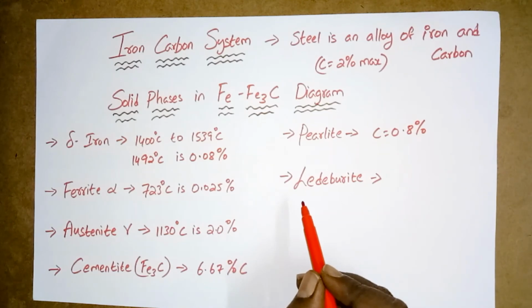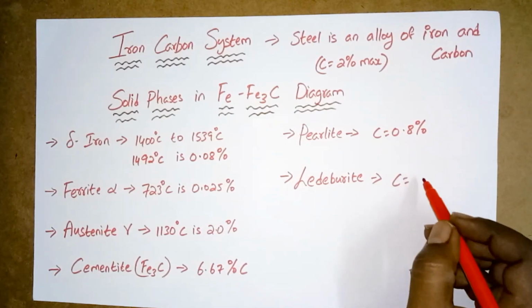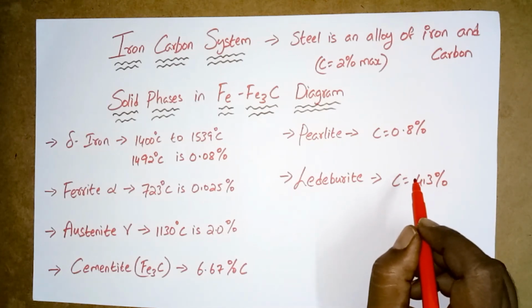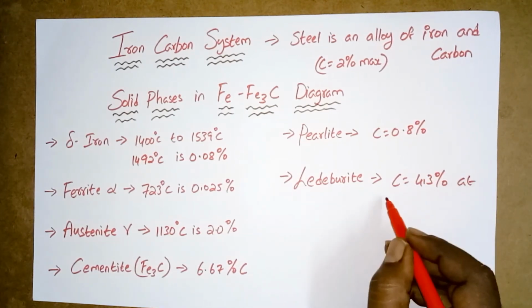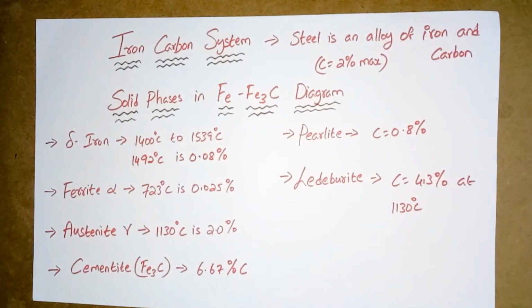It is obtained by slow cooling of liquid alloy. The carbon here is 4.3% at the eutectic temperature. At 723 degrees centigrade, the austenite in the ledeburite changes to pearlite.